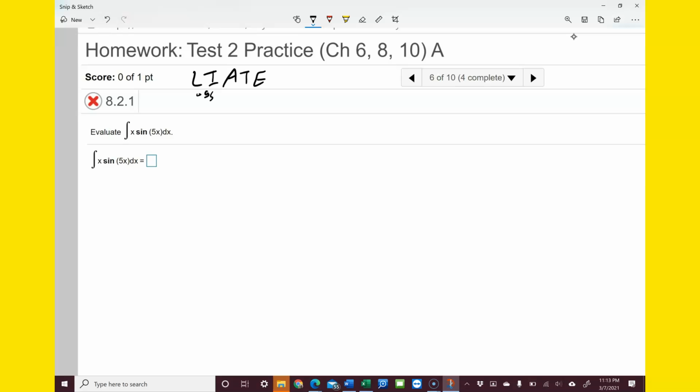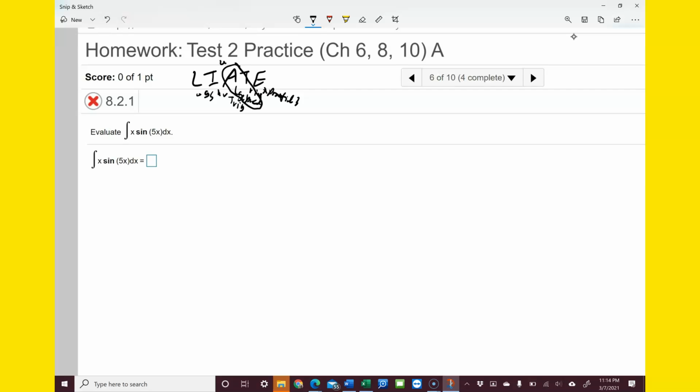Logs, inverse trig, algebra, trig, exponentials. So what do we see first here? We see an algebra and a trig. So the algebra is going to be the u.